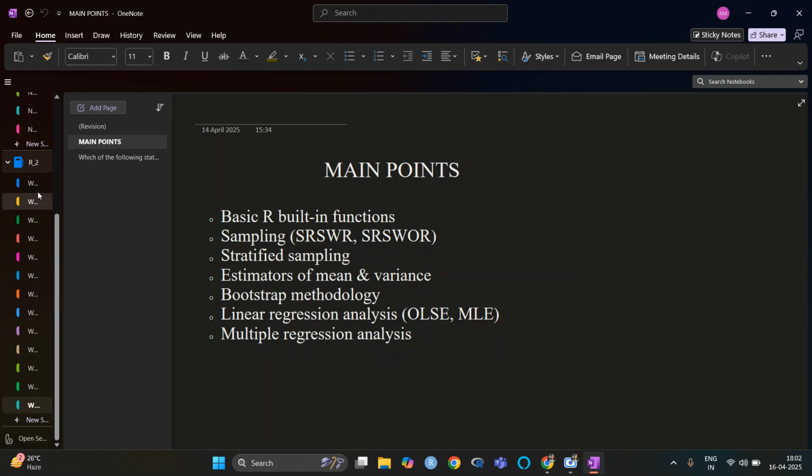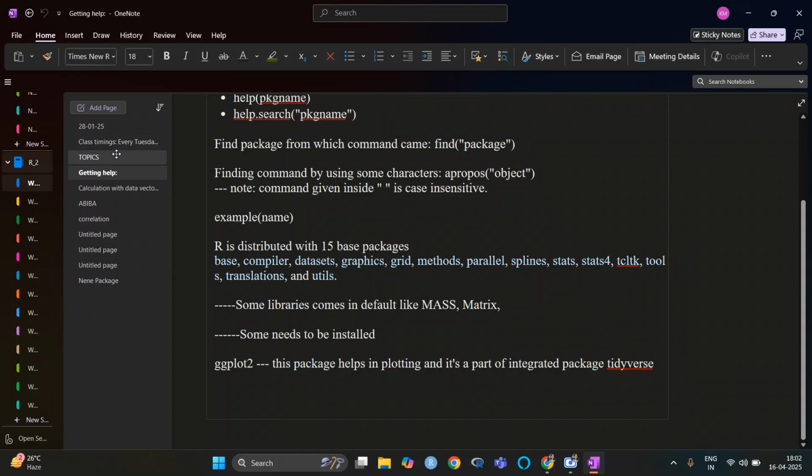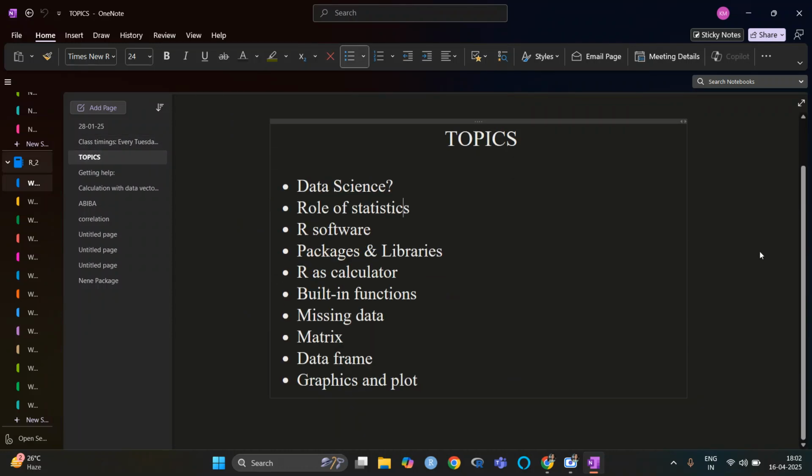In the very basics, we started with what data science is and what the role of statistics is in it. You have all installed the R software, and the packages and libraries. R can be used as a calculator: subtraction, multiplication, addition, etc. Then modulus, and finding the remainder.